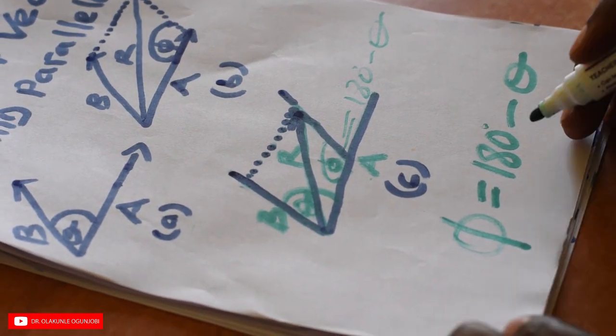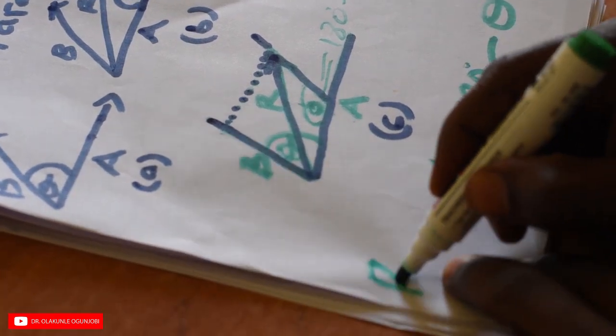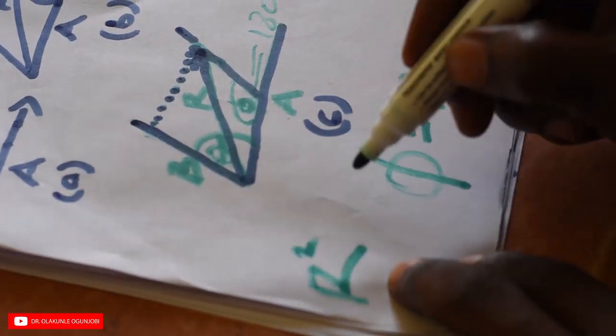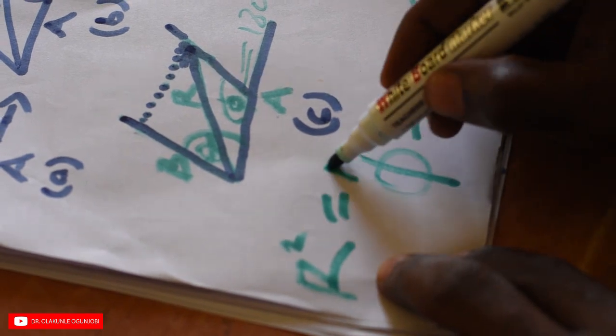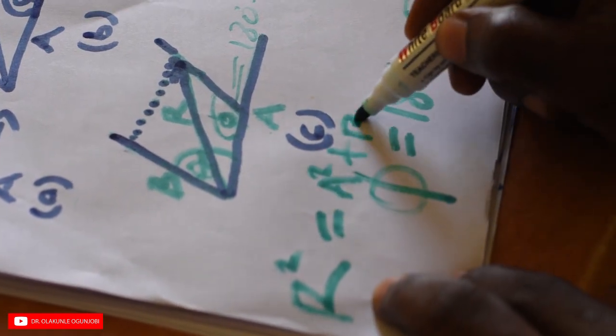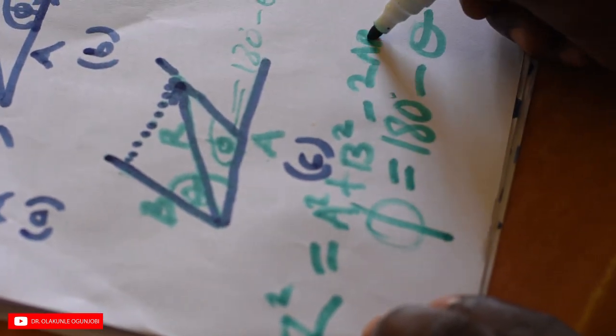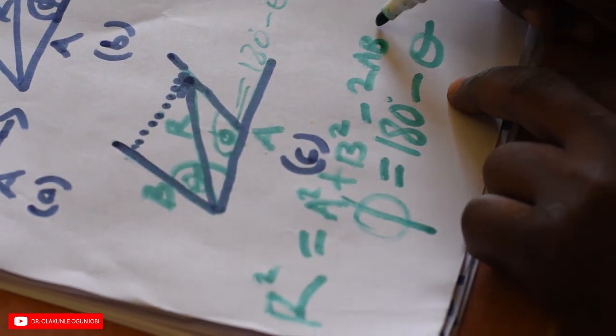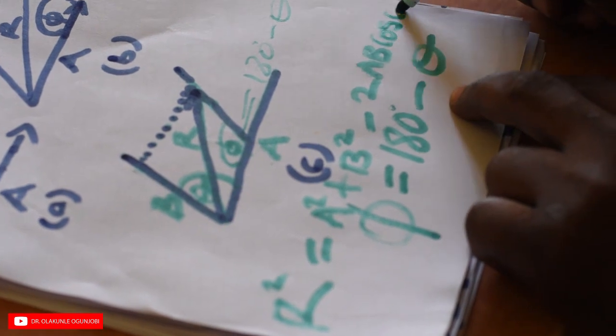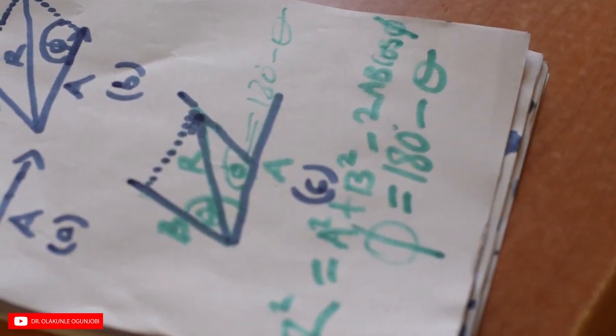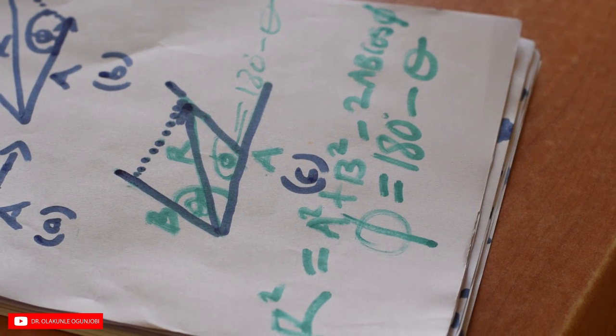This is how you determine R. R squared equals A squared plus B squared minus 2AB cos phi. Okay, so that's what you have.